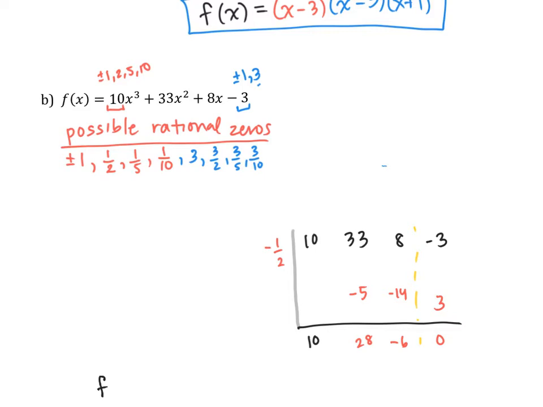Now, the tricky thing is synthetic division is not the smartest of divisions. If you got x equals negative half as one of your answers, synthetic division thinks of that only as x plus 1/2. Synthetic always has the format of x plus or minus.